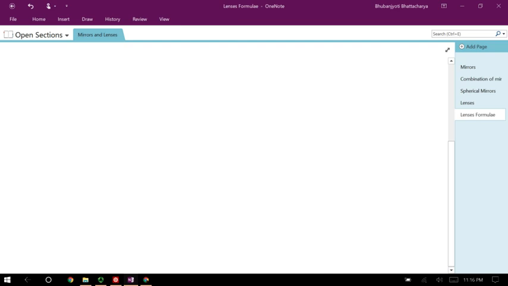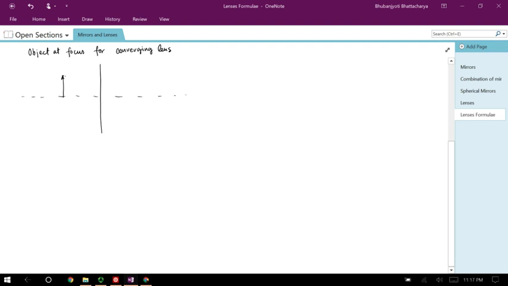So let's do the first situation where my object is at focus. Object at focus for converging lens. So this is my picture, this is my lens, this is my dashed line for the principal axis, this is the focus.